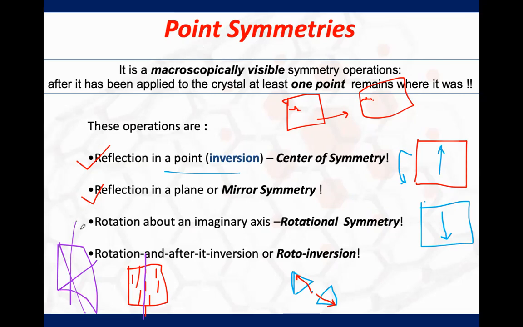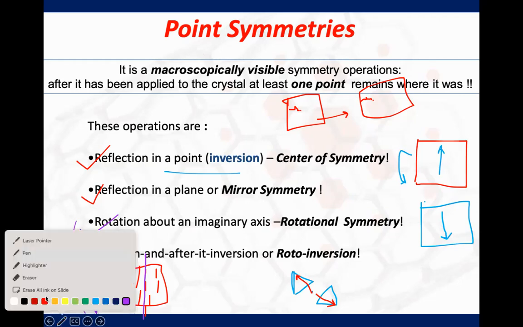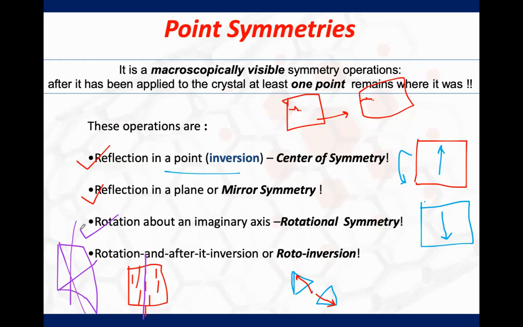The other one is the rotational symmetry that we already discussed. You can rotate the crystal along an imaginary axis. That is rotational symmetry. Whatever the angle you rotate, if the symmetry is the same, then you can say that it has an infinite number of rotational symmetries. But some crystals give you the same symmetrical shape at some intervals only.